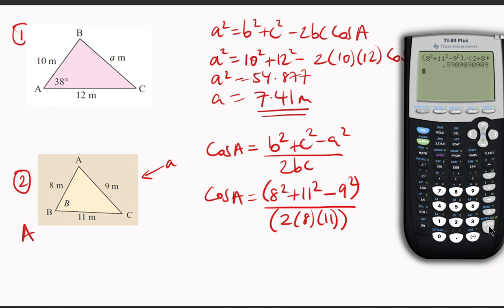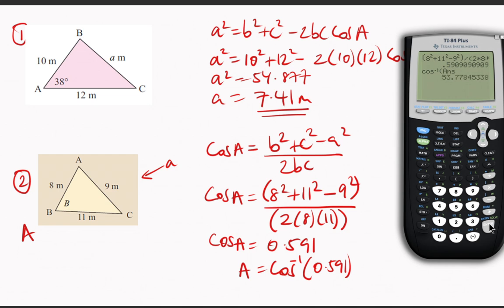Okay, so that gives me 0.59 and so on. And then of course we just do cos inverse of that number. But do not round it off. Use the calculator's full answer. So we need to do shift cos, and then answer. And we get 53.8 as our angle.